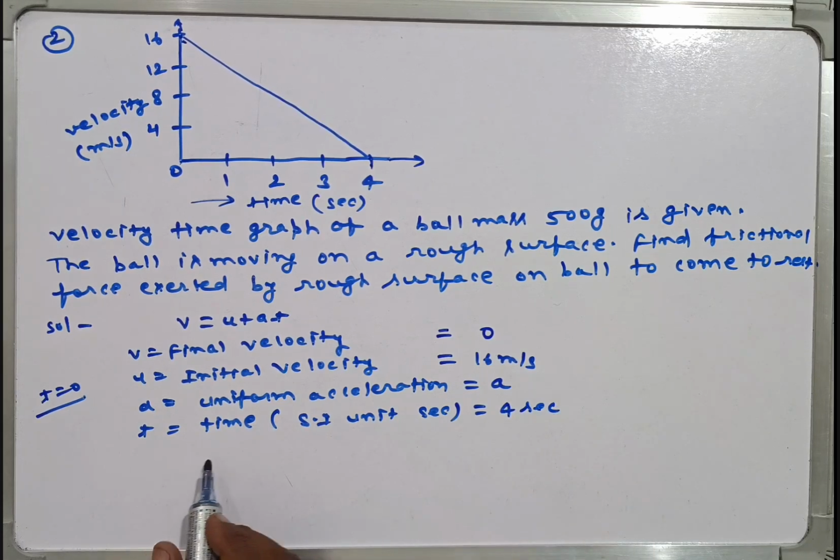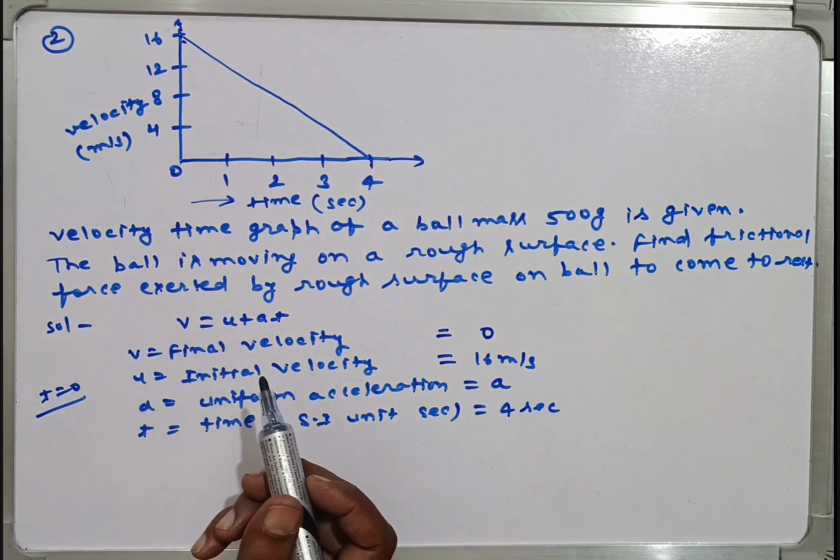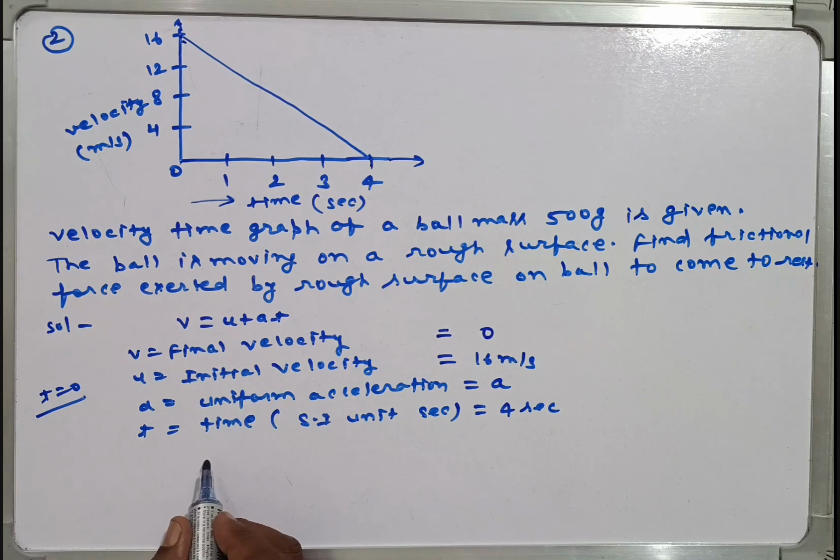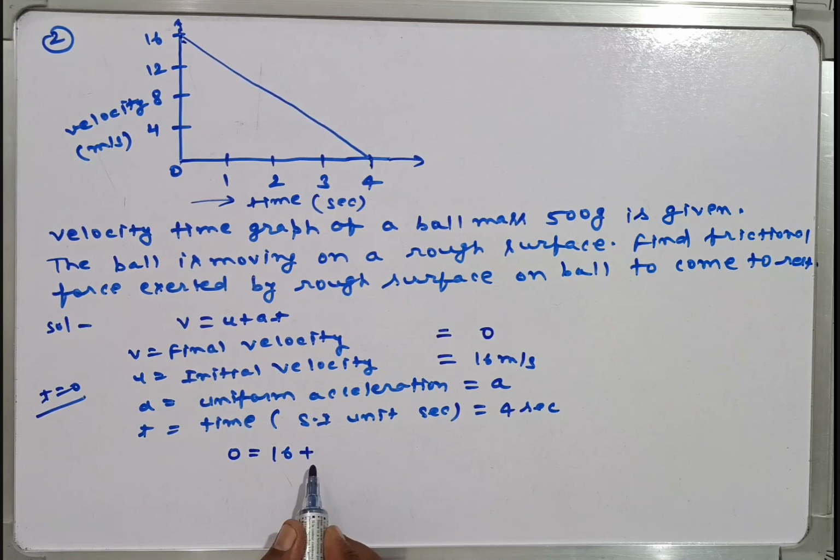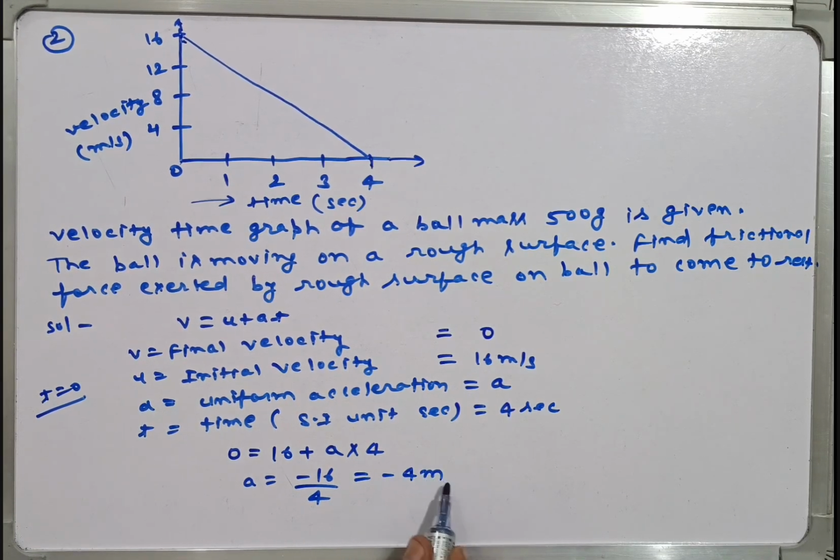Okay, so we apply this formula here: v is 0, u is 16, a is unknown, and t is 4. So a is coming minus 16 by 4, or minus 4 meter per second square.